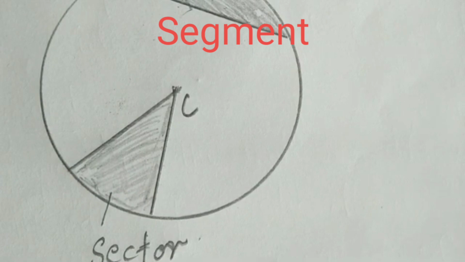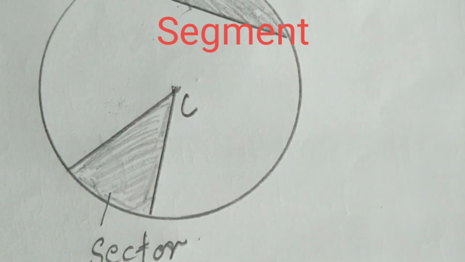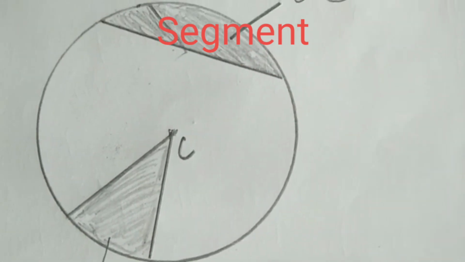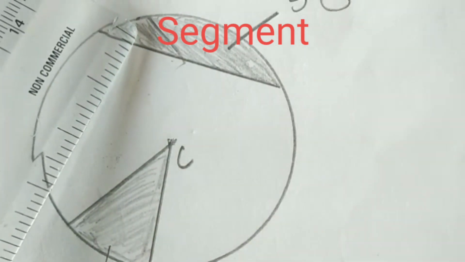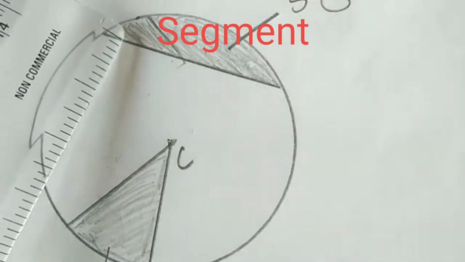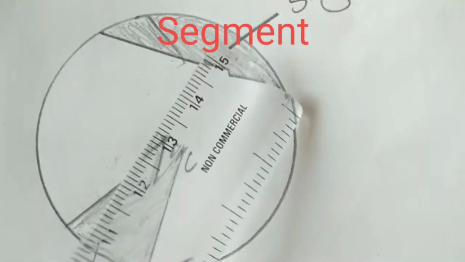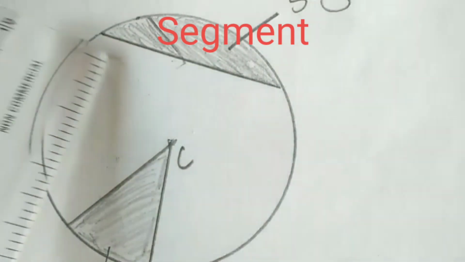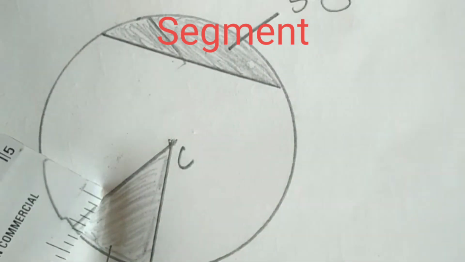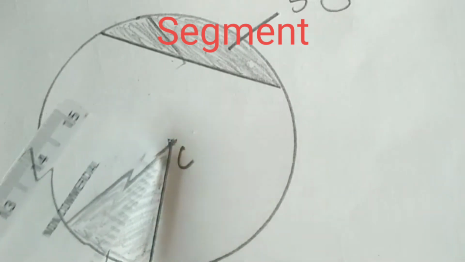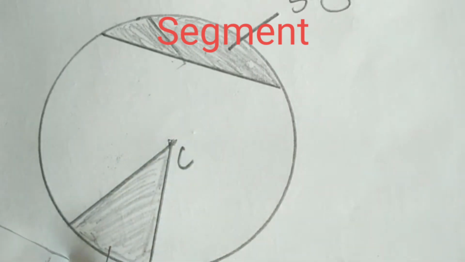Okay. Next part is segment. Segment means, listen, here it is also an interior part, but it is enclosed by an arc and a chord, not a radius. Here it is a chord. Here it was radii because that is the length from the center to a point on the circle.